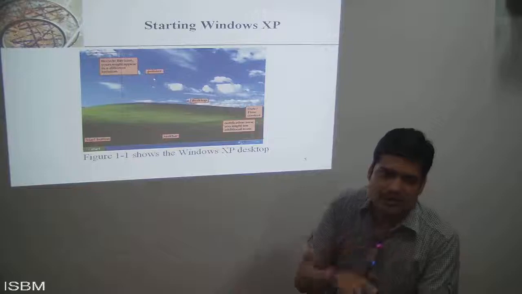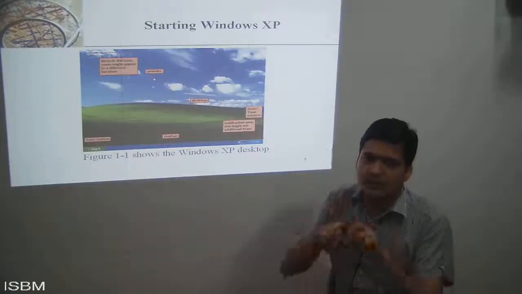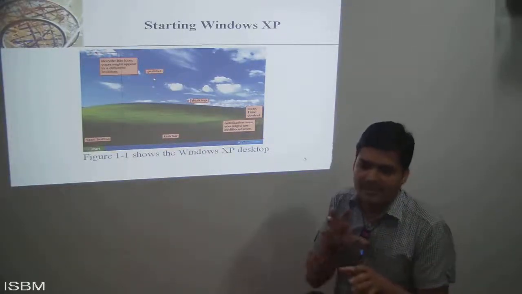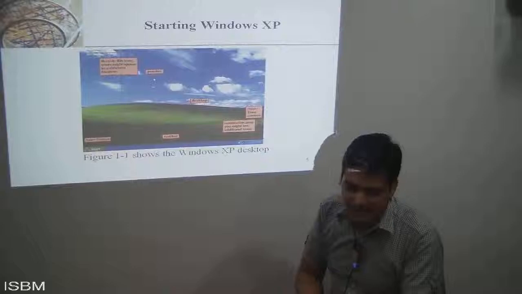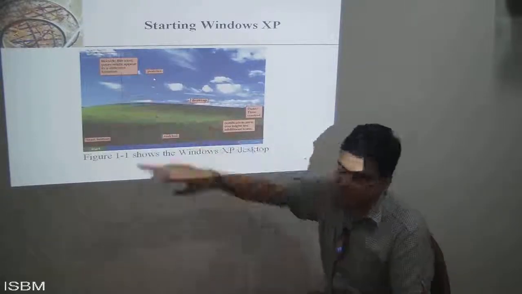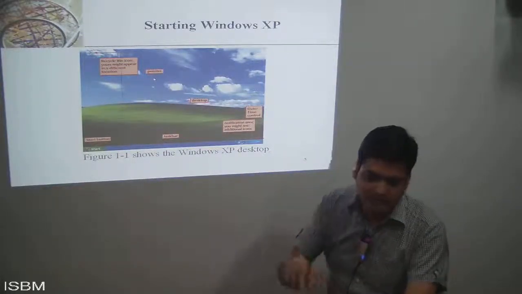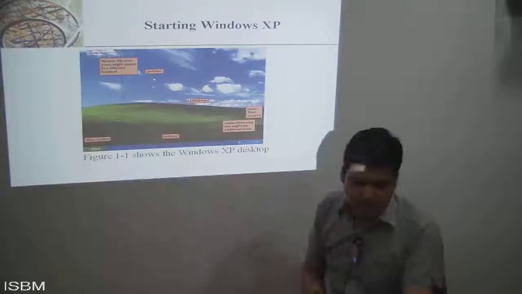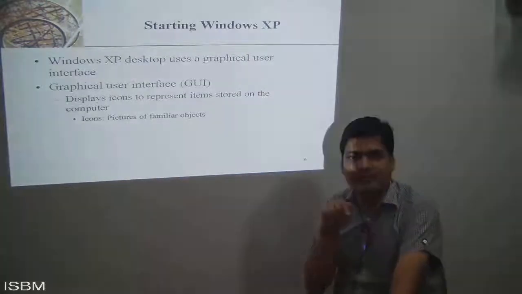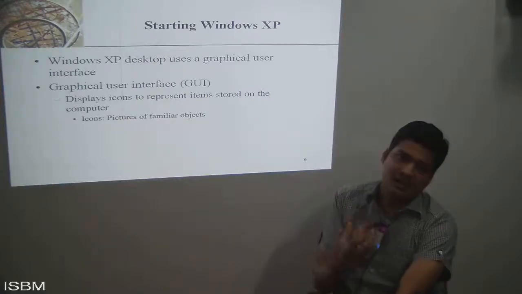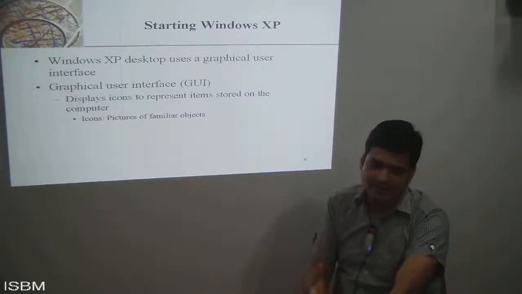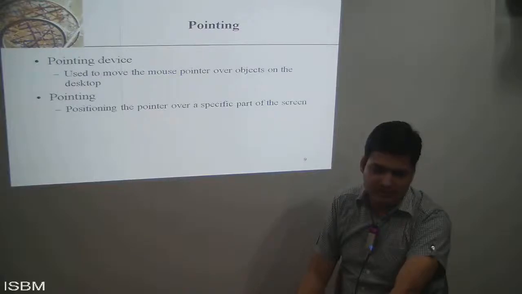If I double click on that recycle bin, it will open the recycle bin, and I can see whatever objects or files are inside the recycle bin. The same thing, if there is my computer, we can choose my computer also over here. By double clicking on my computer, we can see how many files are there, how many drives are there, each and everything we can find out over there.